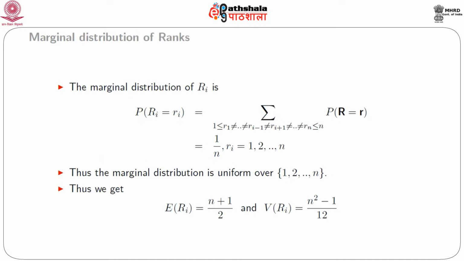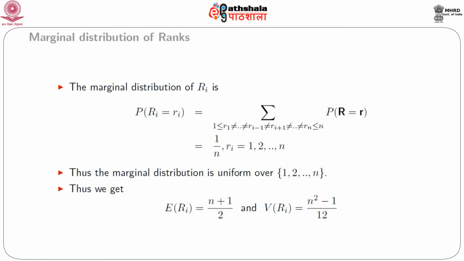Next, we shall obtain the marginal distribution of ranks. By definition, the marginal distribution of rank, say R_i, is the probability R_i equal to r, which is nothing but the summation over the joint distribution for every possible realization of the rank vector except R_i.